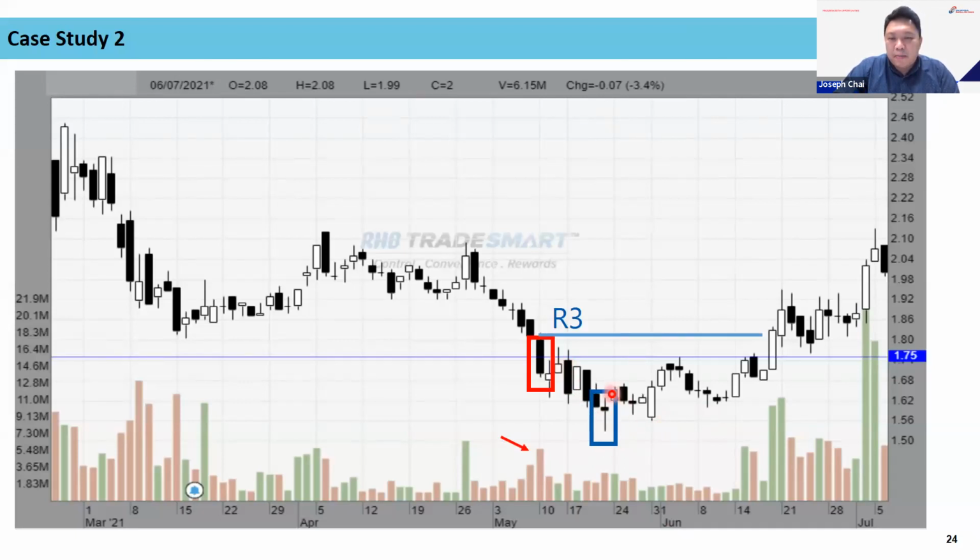So you can buy your first R1 here, okay? And when it goes higher, you can add on your R2. Now remember, after you initiate your R1, your first position, your R2 or second position can go lower, but your third one must always be higher than the first or second. So that's the idea.